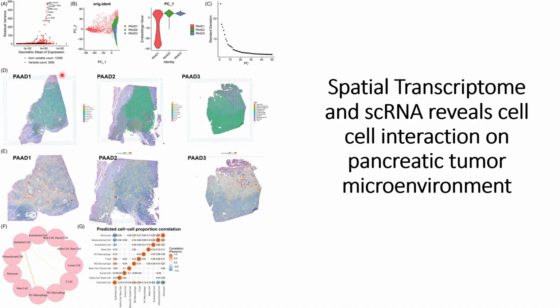After that, they did spatial transcriptomes on all three different pancreatic tissues, as can be seen here. To identify the characteristics of the cells, they used single cell RNA-seq data, and they found different cell populations that are mentioned here in all three pancreatic tissue samples.